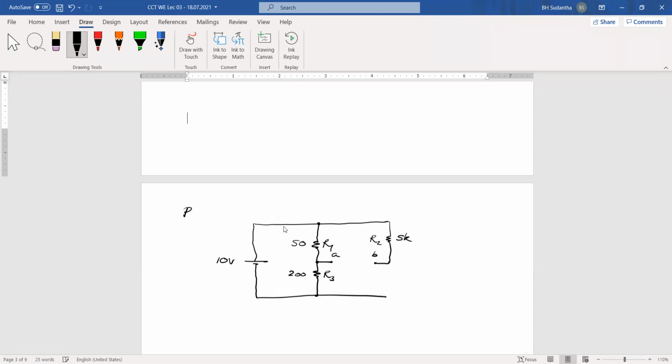Now, in this case, Rx is infinite resistance, it's an open circuit. Here VA is the previous value, 8 volts. But what about VB?